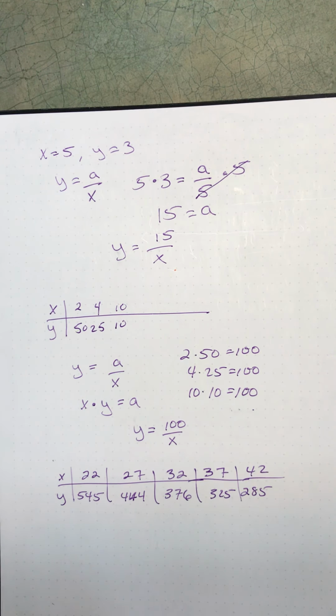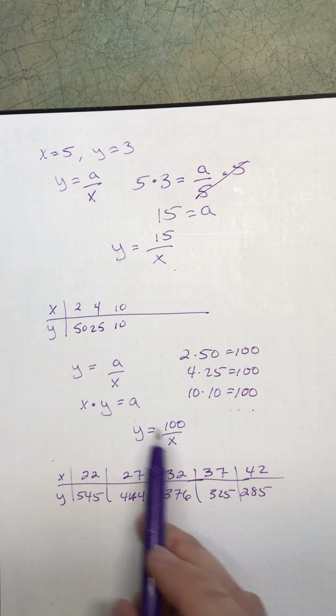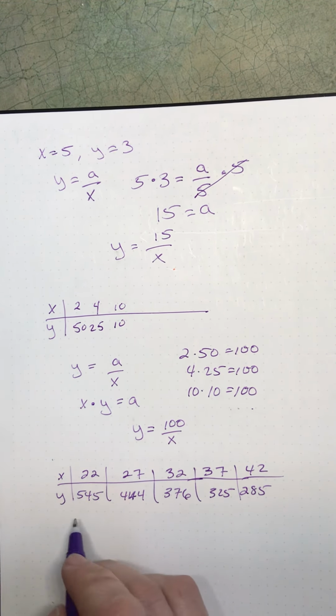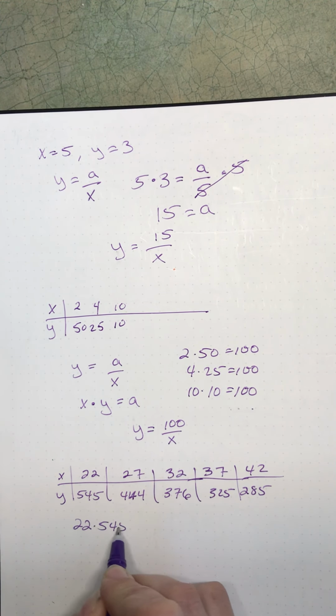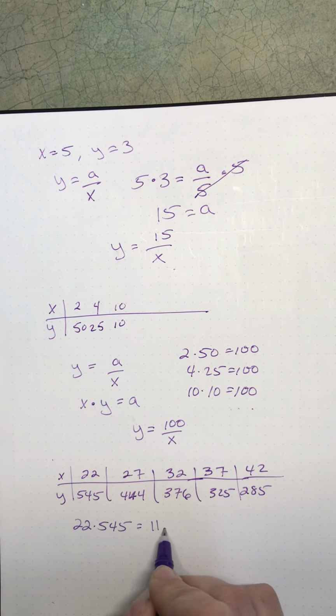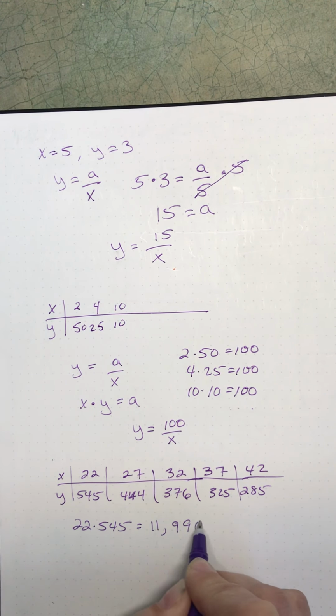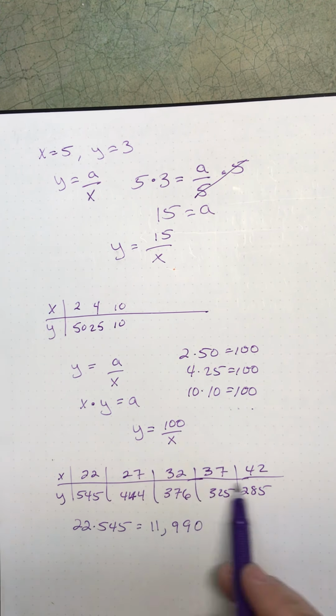For this example, we're going to go through that process. We're going to multiply our x and y, so 22 times 545, which is 11,990, and then we're going to do that for all of these.